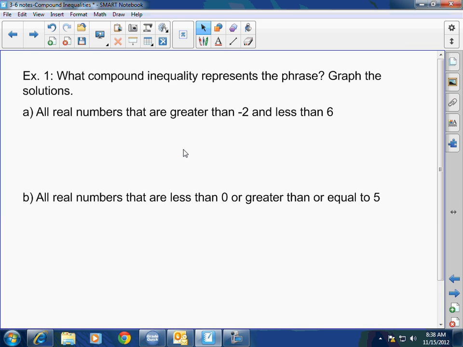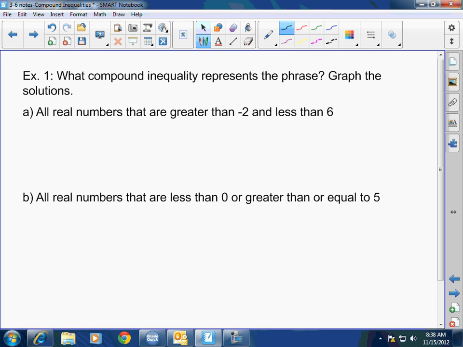How would I write all real numbers, which is going to be x, that are greater than negative 2 but less than 6?